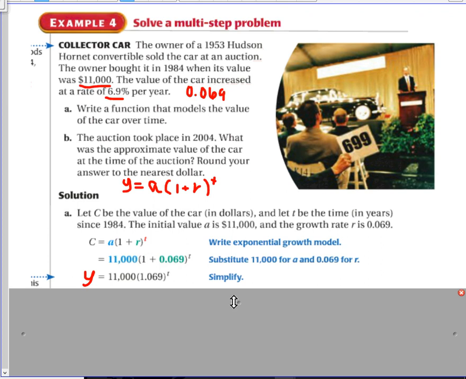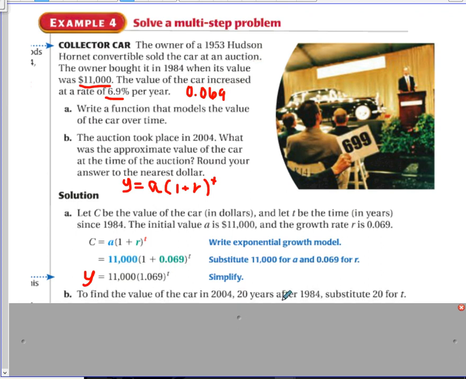Part B is just going to start plugging in some information. We know that the auction is going to take place in 2004. He bought the car in 1984. So we want to think about how much time has passed to actually plug in the information for t. How much time has passed between 1984 and 2004 is 20 years.